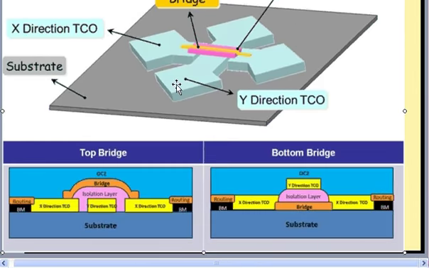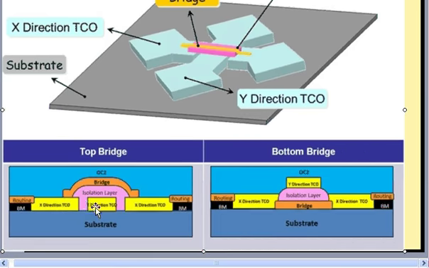So you can see from the side look, this is the X direction sensor, and there is an isolation area, and this is a Y sensor, and there should be a bridge between that.